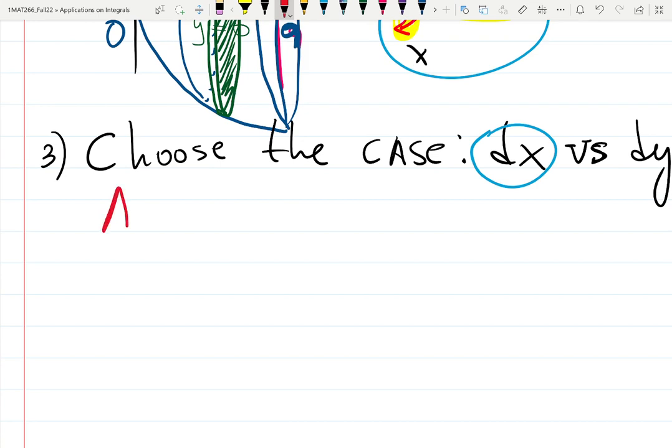Immediately write down the formula. It's not area anymore, it's volume. On the test, in your homework, when you don't have notes, right away you write down the formula, pi r squared. How hard can it be to memorize? Integral of pi r squared, and now we agreed it's dx. Since we agreed it's dx, we know it's going to be from a to b, not from c to d, and the radius is a function of x.